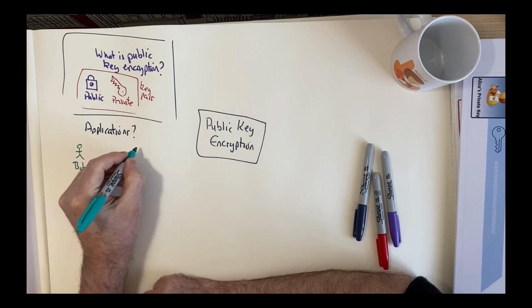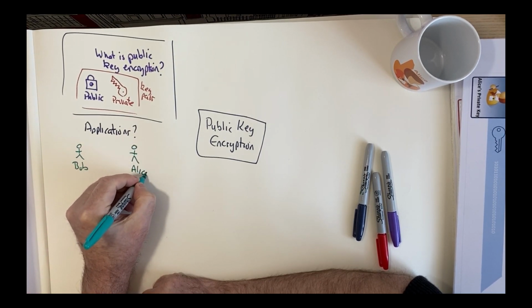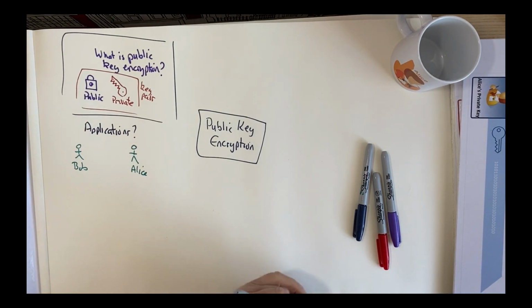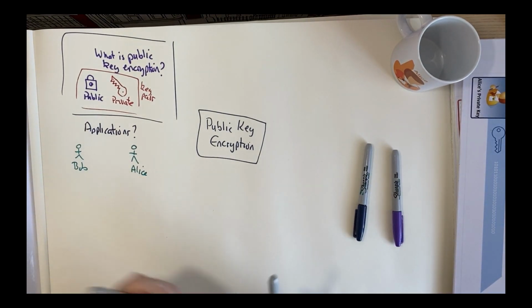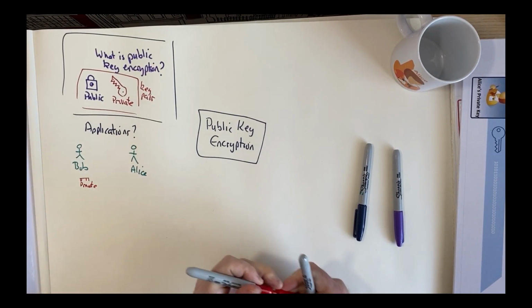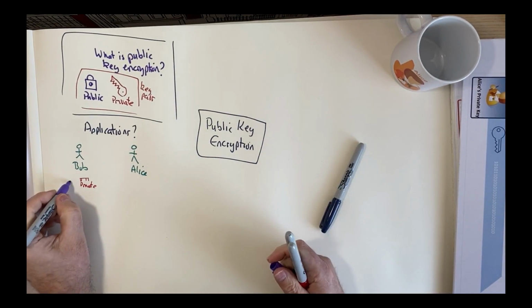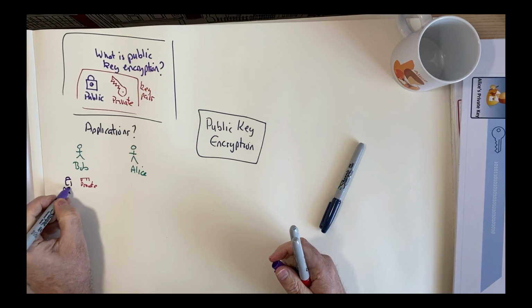So here we have Bob, and here we have Alice. So they both have their keys, and we'll draw our private key here, and then we have our public key, our little padlock here.